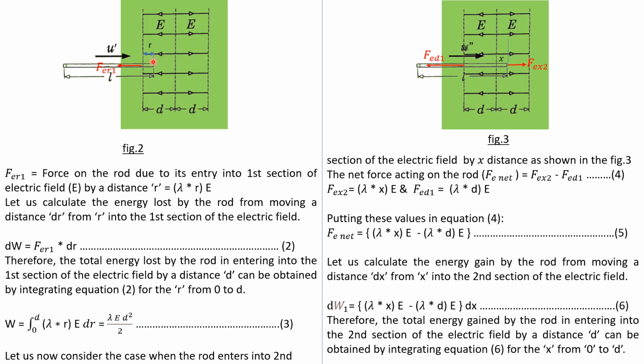Now the rod further moves by a distance dr. It's infinitesimally small, in the first section of the field from r.